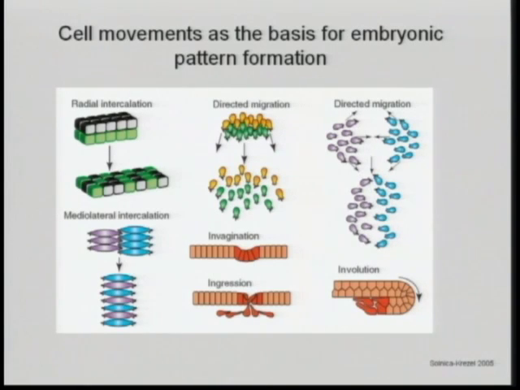The cells can undergo movements either as a group in processes like intercalation, invagination, evolution, etc. Alternatively, a group of cells can move as individuals but coherently in processes like directed migration or ingression. Regardless of how they do that, the way to generate this behavior is presumably by the gene network operating in these cells.